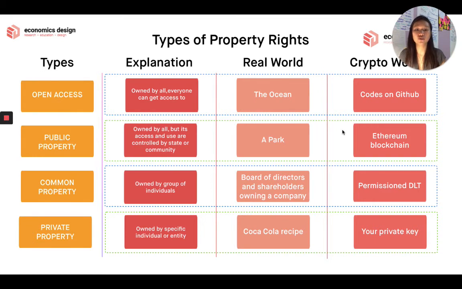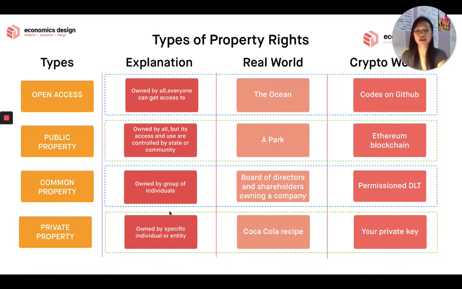Are we going to hard fork into a new Ethereum chain? So it's not exactly controlled by the Ethereum Foundation, but it's kind of managed and looked after.